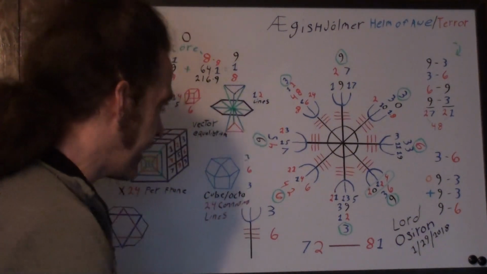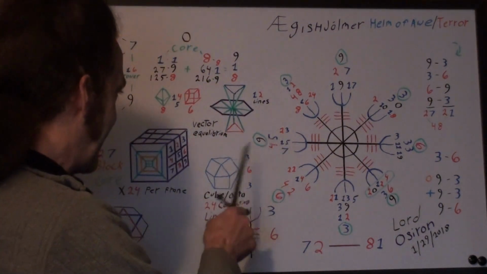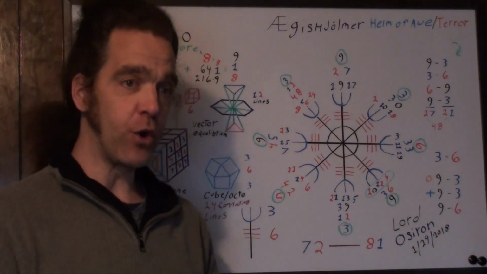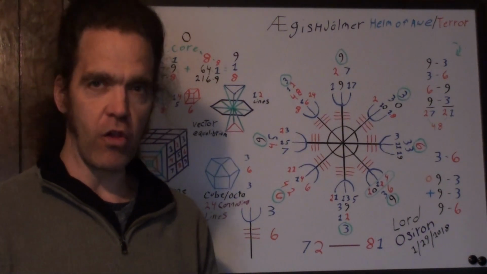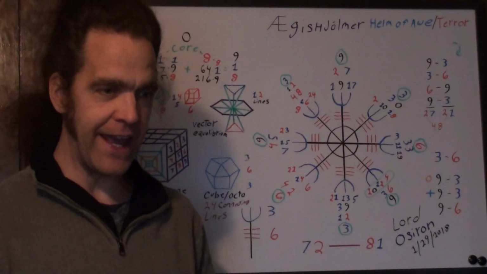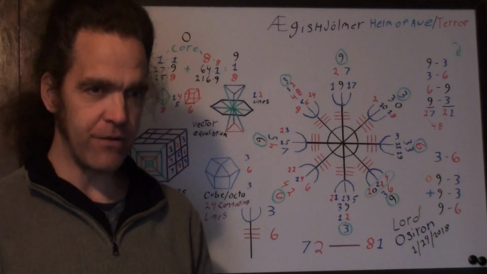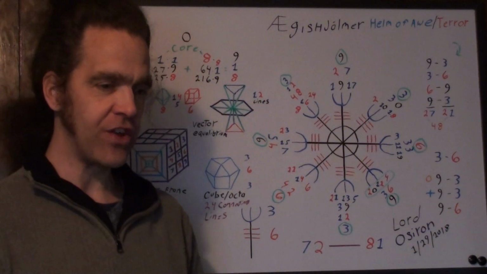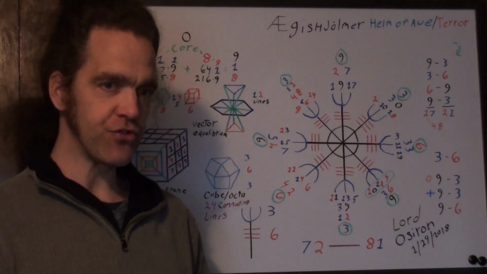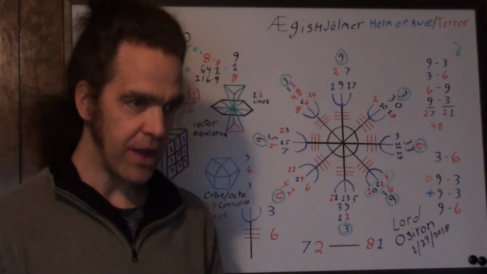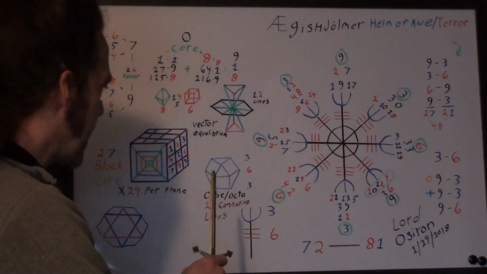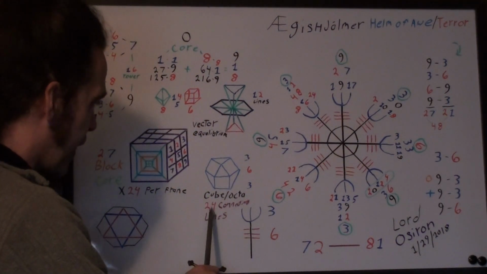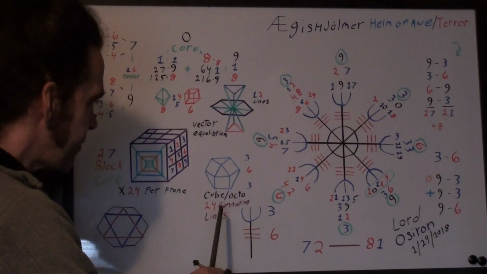But there is a link with the cubeoctahedron and the dodecahedron, and the dodecahedron shows up in a lot of structures. It shows up in DNA. The Earth grid is made up of a dodecahedron. So many things are made up of that structure. But the cubeoctahedron plays an important part in that, because the cubeoctahedron has 24 connecting lines as well.